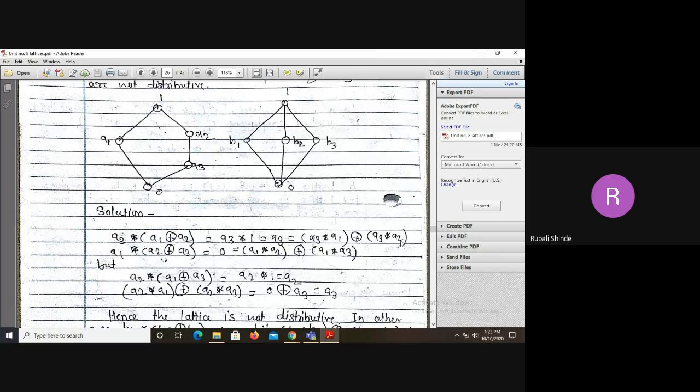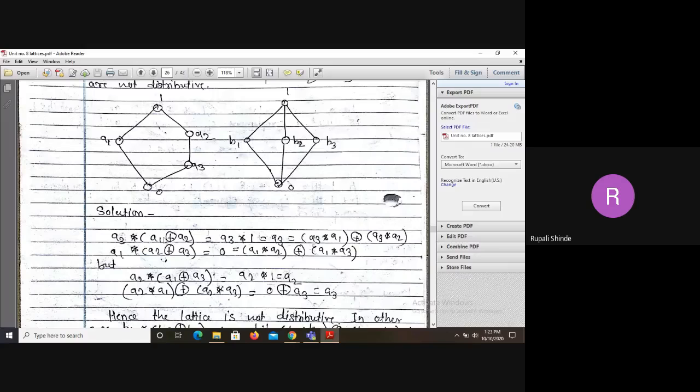XOR A3 star A2. A3 star A2 means the greatest lower bound of A3 and A2. A3, correct. So the value for 0 XOR A3 is A3. So again, yes, correct. So here also the value of LHS is equal to RHS.